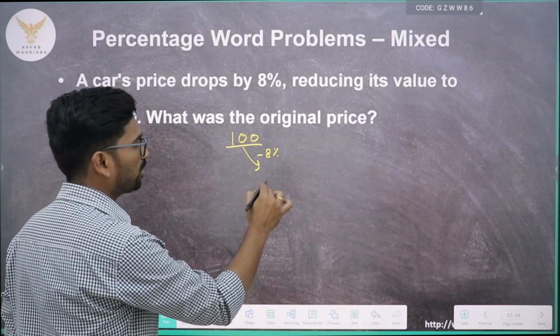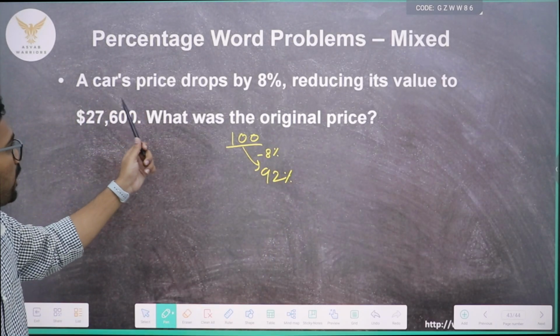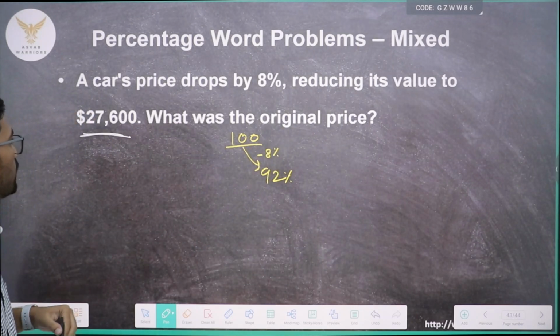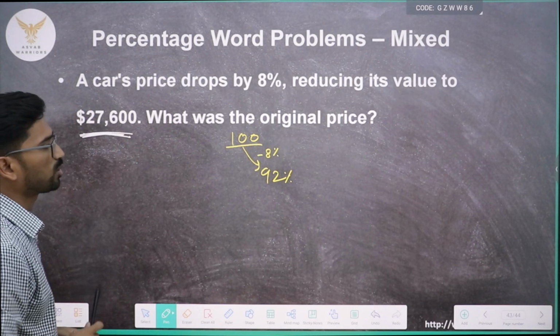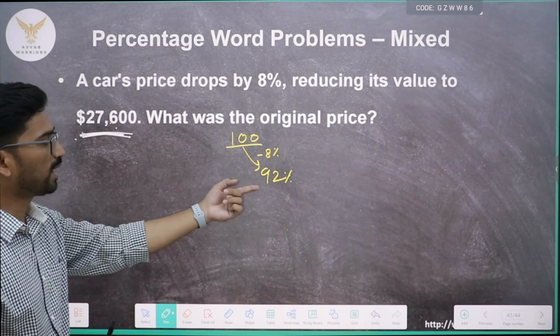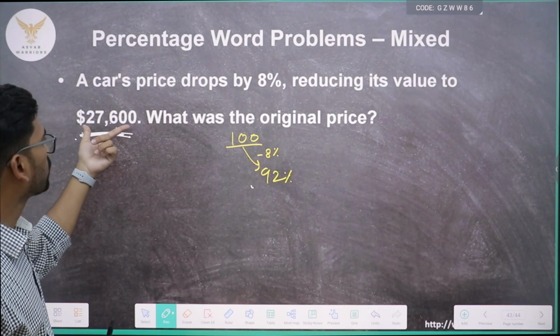How much will be remaining? 92%. Now it is given that reducing its value to $27,600. What percent is this? It is 92%. So 92% is equivalent to 27,600.